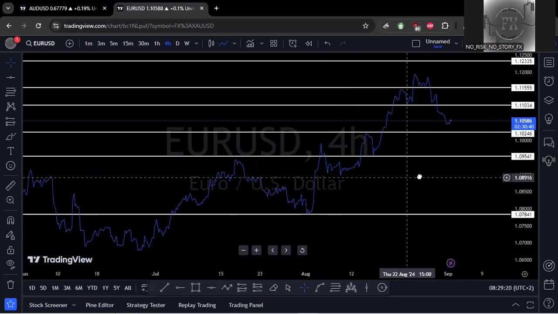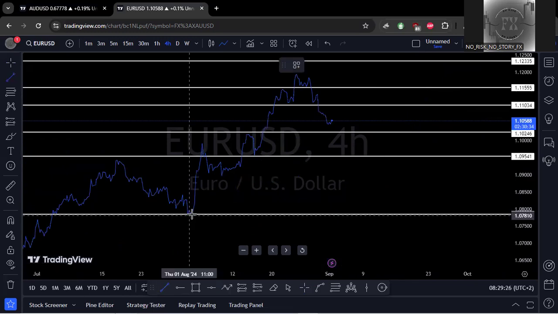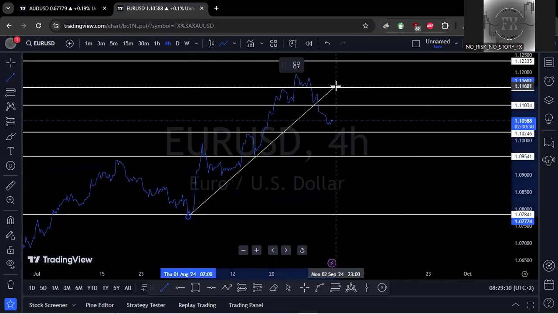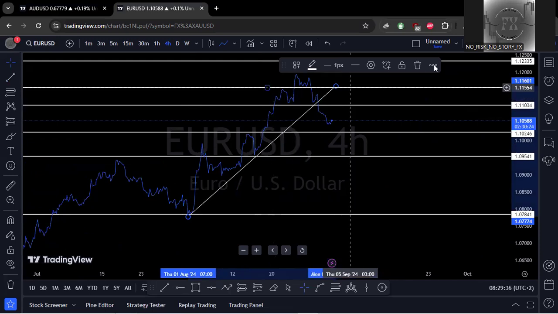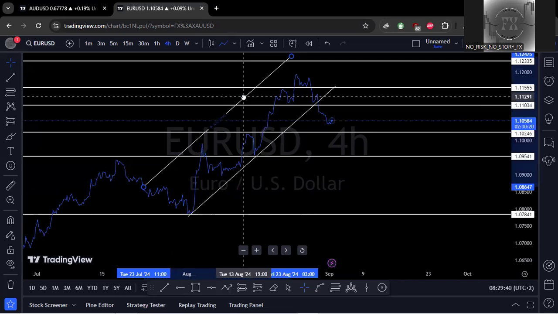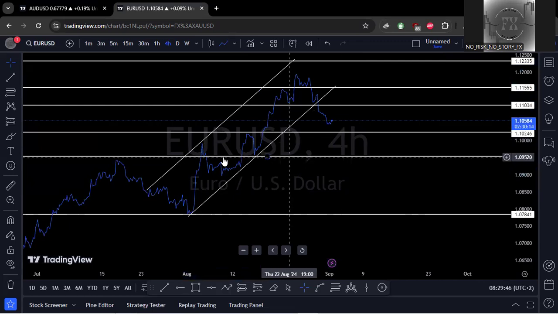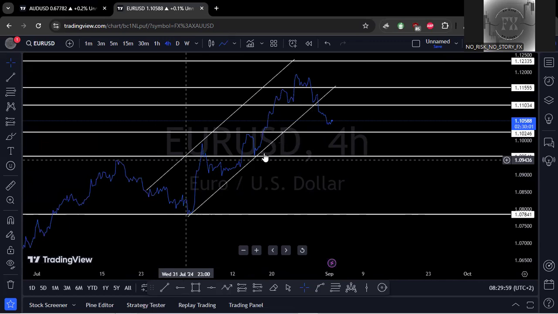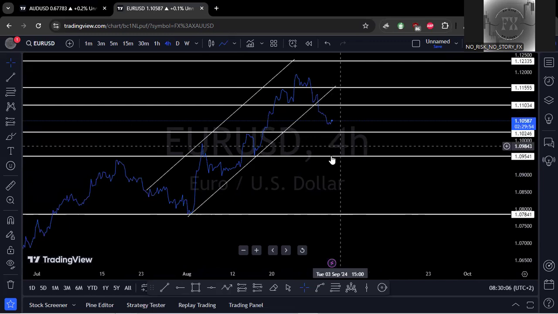As you can see, we've been bullish. So yeah, as you can see, guys, we've been on a bullish trend here, and now we just slightly tend to create a bearish trend right now.